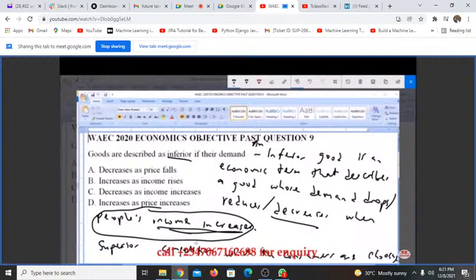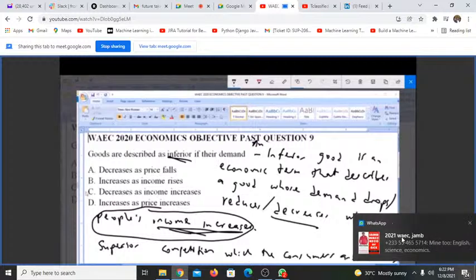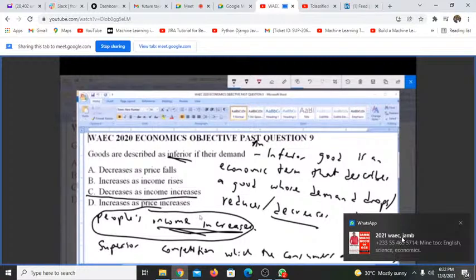So as their income is increasing, they are going for substitutes that they feel are better because they can now afford them. So based on this description, you can say the good is inferior when its demand drops as the income of the consumers increase. So as we have rightly established, a good is described as inferior if their demand decreases as income increases. That is option C, which is the correct answer to this question.